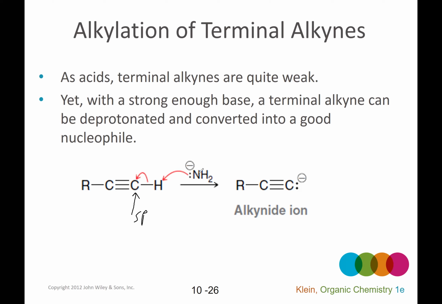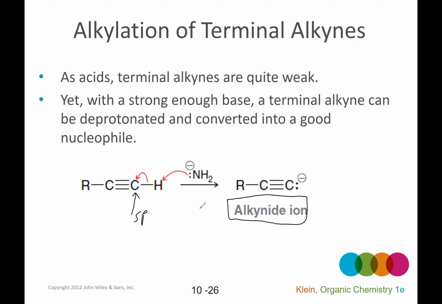And so very strong bases like this NH2 minus anion, the amide ion, can remove the hydrogen in an acid-base reaction and form the conjugate base of the alkyne. And that's called an alkynide ion, okay?